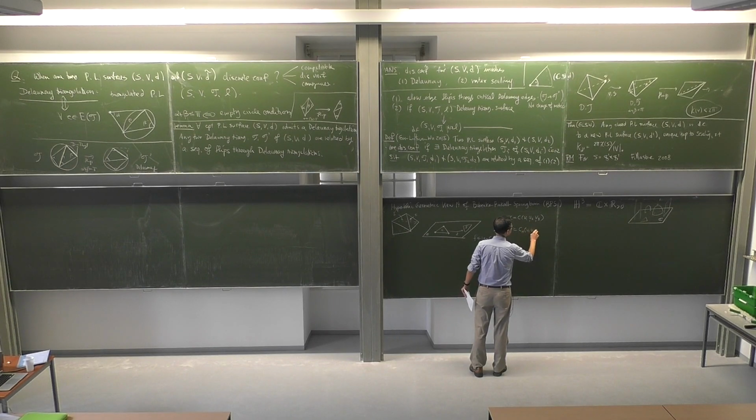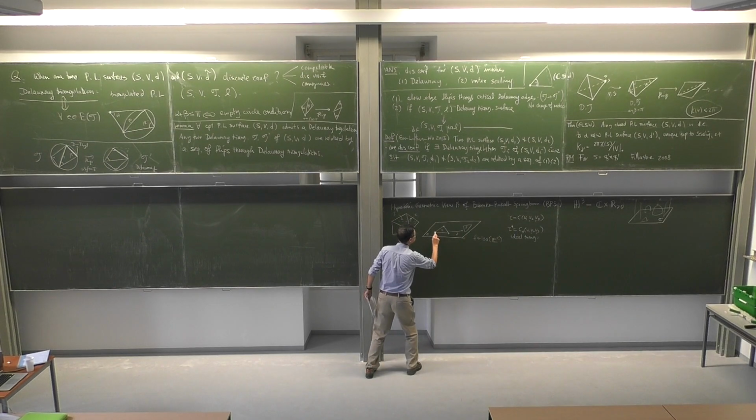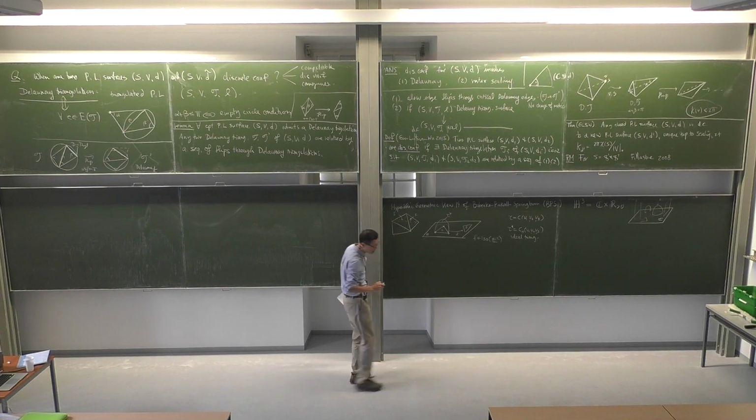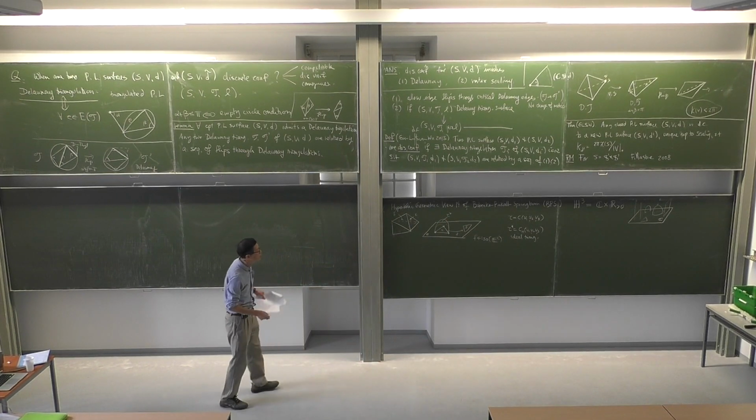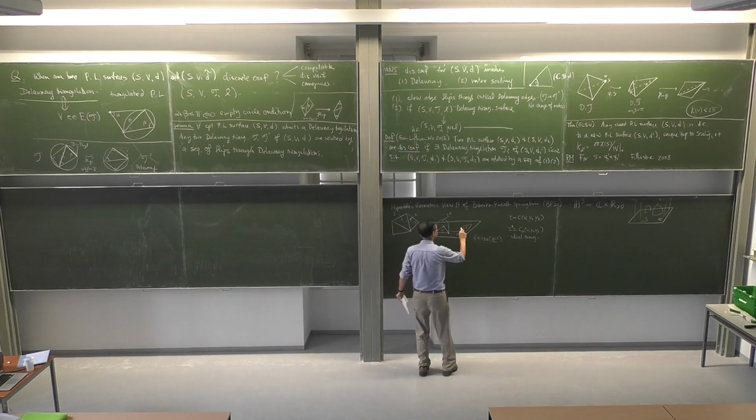And this is sometimes called an ideal triangle. So the shape will be something like this: 2 points will give you a geodesic, and tau star is a hyperbolic triangle with vertices at infinity, with the same vertices. And so you have also a picture here.